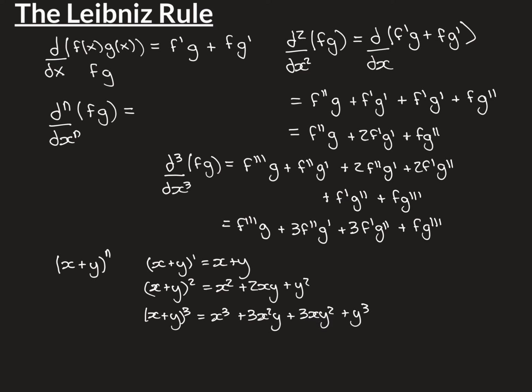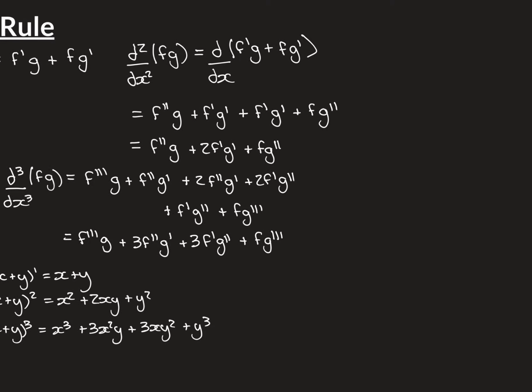So let's write down what we intuitively think the formula is going to be then for the nth derivative. So our speculation is that the nth derivative of this product, i.e. the Leibniz rule, is going to be the sum from r is equal to 0 to n, and then we want each possible amount that you can differentiate the f, so f differentiated r times, and then g will be differentiated what's left, so it will be differentiated n minus r times.